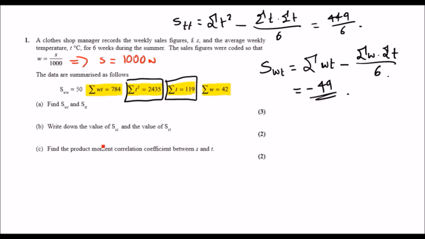So we can say instantly that SSS would be 1,000 squared times SWW. So more or less it fits the pattern. And doing that, you should get 1,000 squared times 50, which is 50 million. Yep, so you should get a result of 50 million.